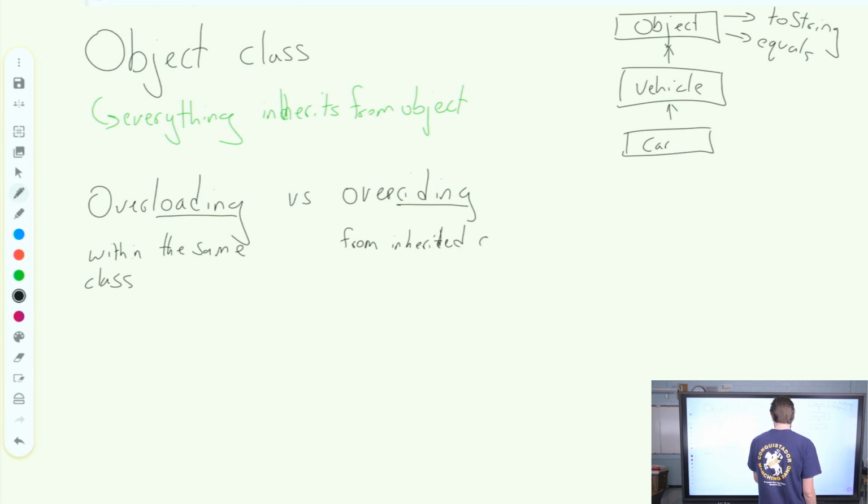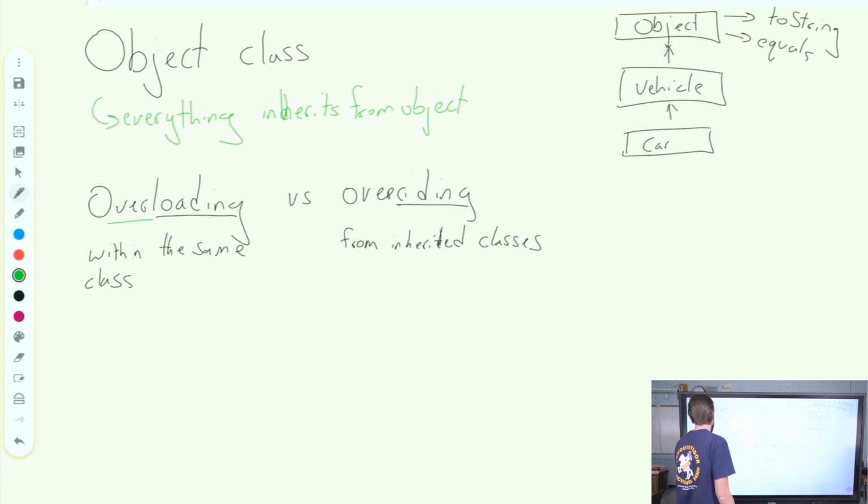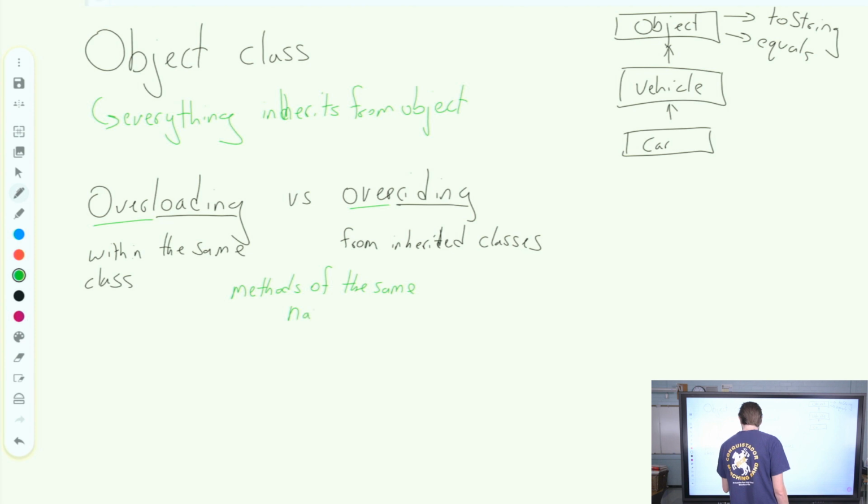Both are dealing with methods of the same name. So overriding is from overriding the inherited methods, and overloading is creating extra methods with the same name within the same class. All right, that is all for this lesson.